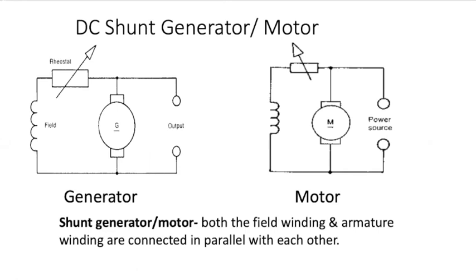And the field is connected with a rheostat just to vary the field current, because it's connected with the same supply, so we can't change the supply. Hence, a series rheostat is connected so that we can have variation in the field current.